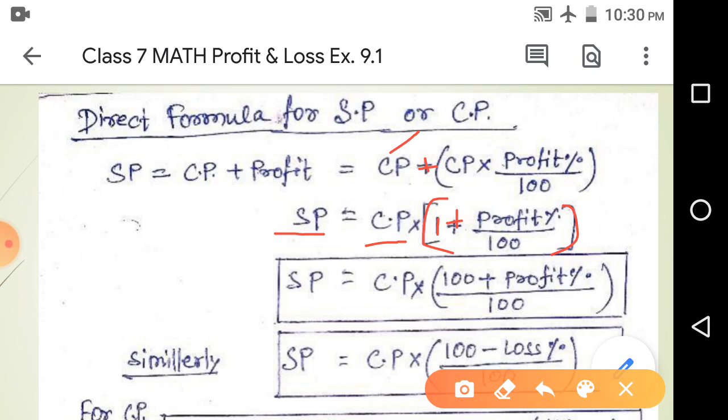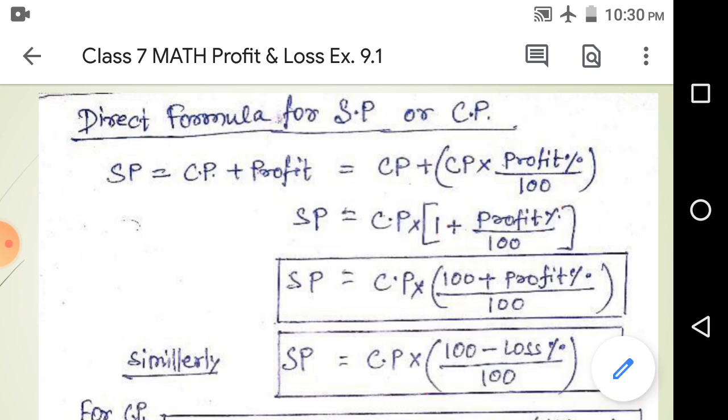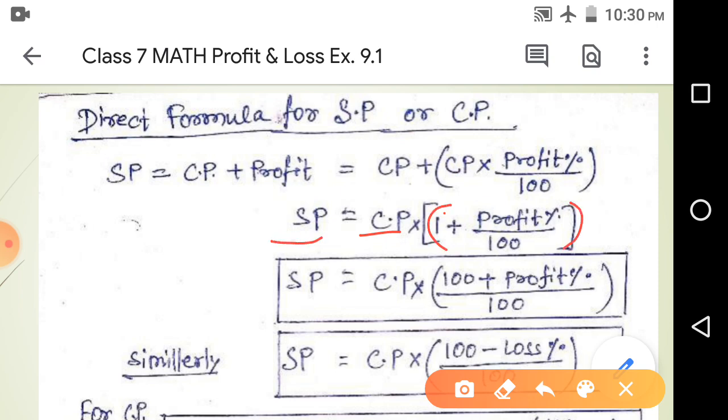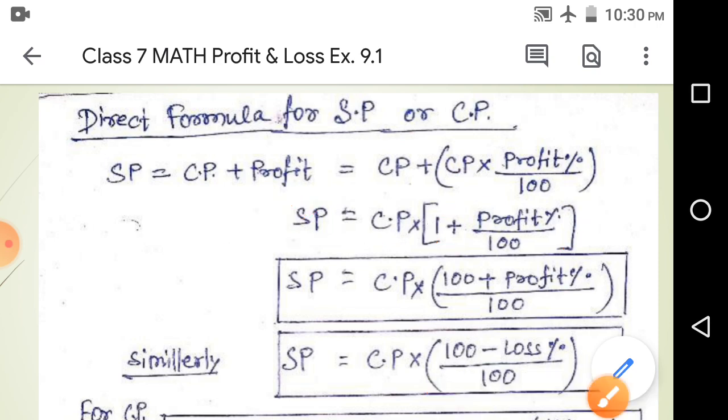Profit percent by 100 is left, so it is 1 plus profit percent by 100, as you can see. CP into 1 plus profit percent by 100 is what we use when we are about to find out the selling price. So this is what we got as a formula.